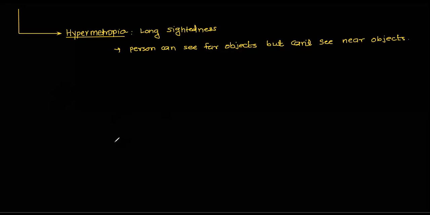And if we see the diagram, that is how the image is going away and what is its correction.